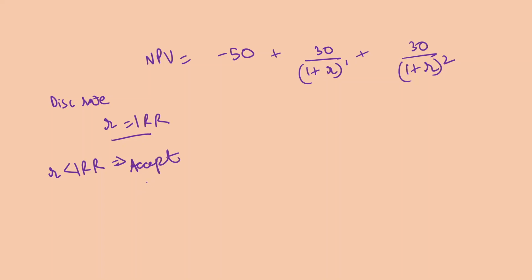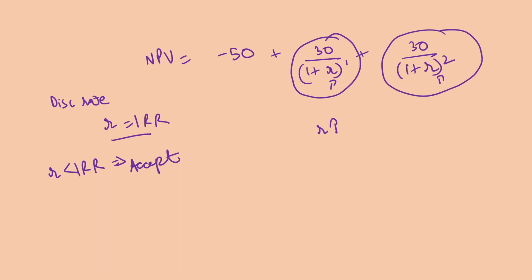Well, let's ask ourselves the question, what would happen if the discount rate was actually greater than the IRR? You can see that the discount rate is in the denominator of these. So when the value of the discount rate increases, the value of these terms as a whole will decrease because the value of the denominator increases and the value of the numerator remains the same, right?